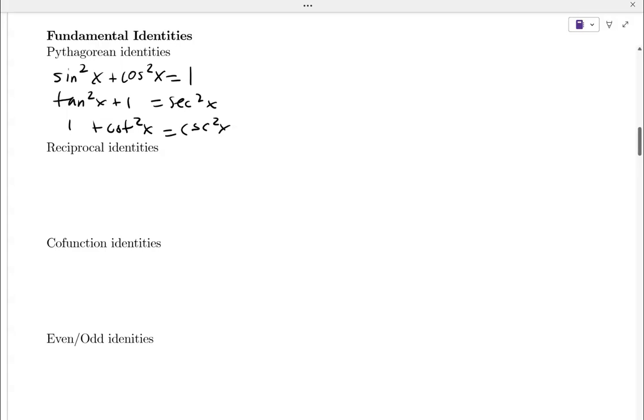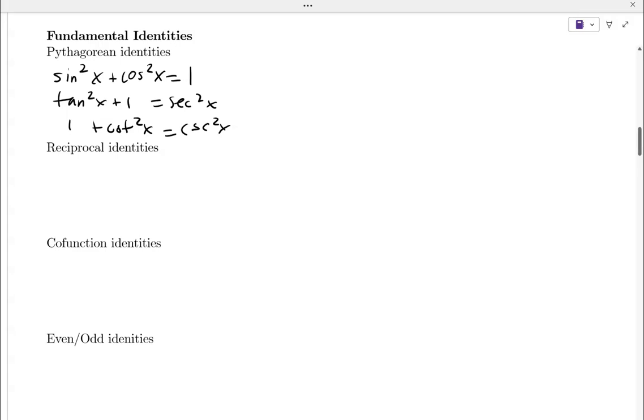For example, if you had sine squared x minus cosine squared x, that's nothing. Not at least in terms of these, it's nothing, right? So be careful with those. Like secant squared plus tangent squared doesn't work. Okay? So make sure that you know what these say and make sure you know what these don't say. It's important.